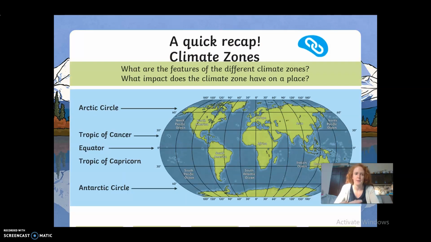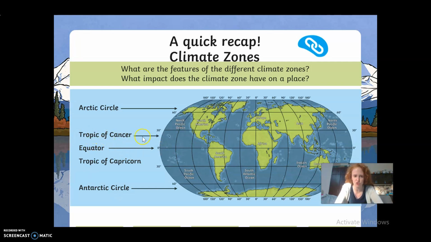All right, perfect. So a quick recap, we're going to be using some linking, okay, connection finding. Let's just try to remember what we talked about in the previous class. So here we have the significant lines of latitude, which is the equator, which lays at 0 degrees.